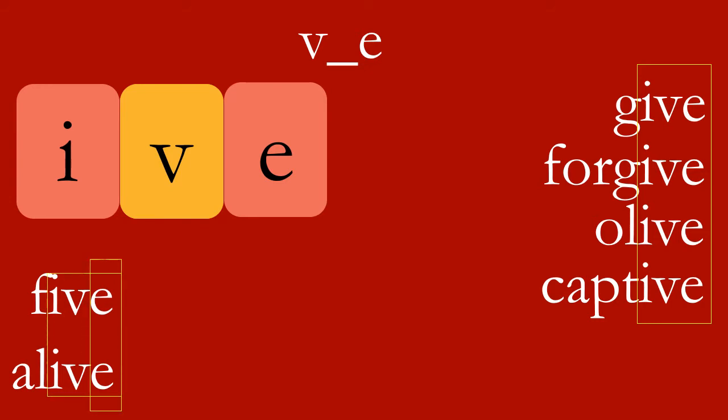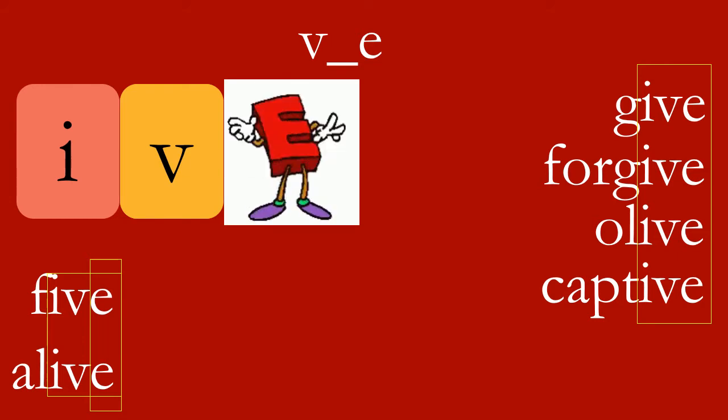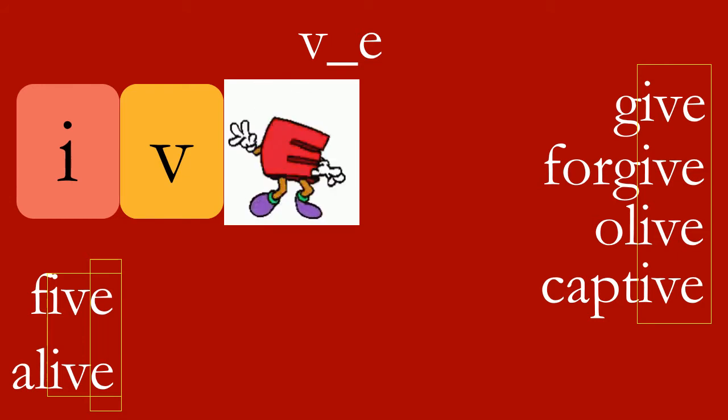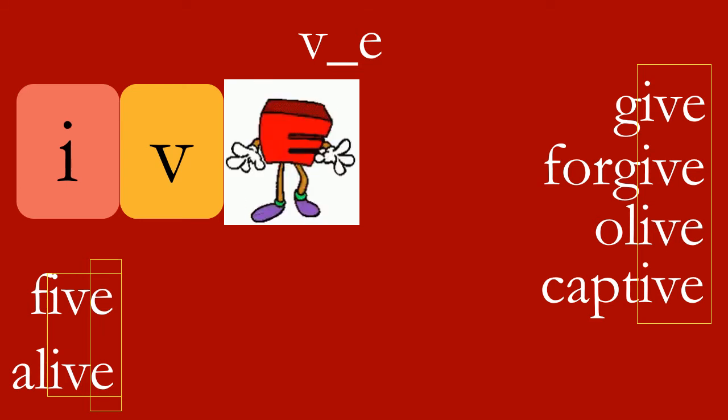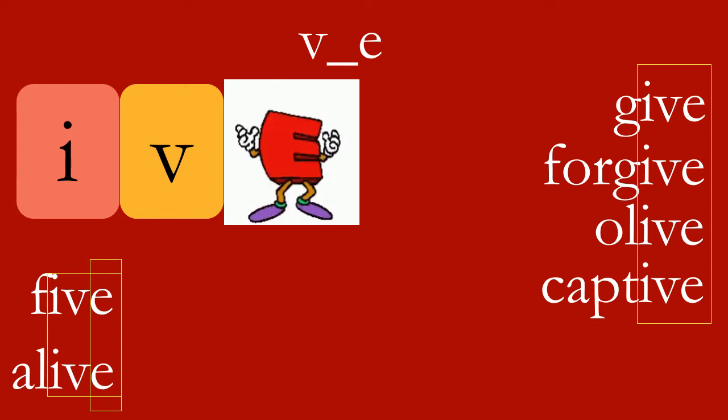And olive. It's not alive. Olive is the little fruit that you sometimes see in a salad or on a pizza. And captive. Now, we do have some V-E words that follow the rule with a V, like five and alive.